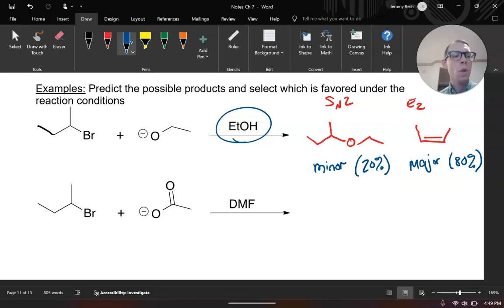Now, we can do one of two things to push this towards more SN2 conditions. The first one is we can change our solvent from a protic to an aprotic, for example, using DMF. The second thing we can do is change our structure. The ethoxide is a better base.